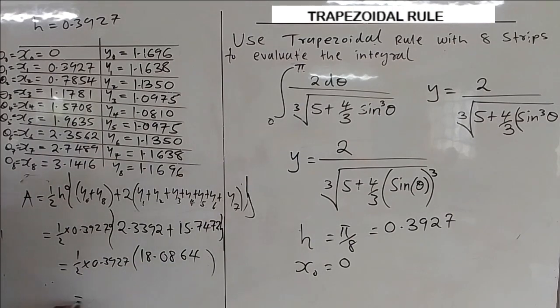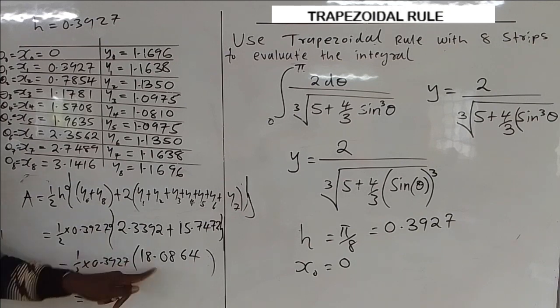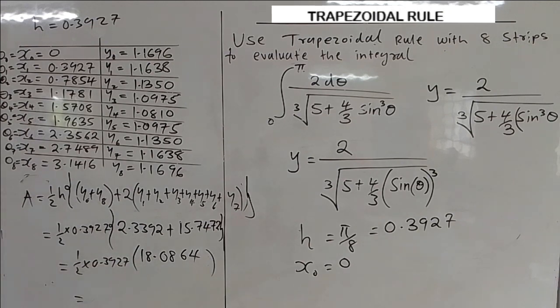So can you now get me the final answer? A half times 0.3927 times 18.0864, because you now have a single value inside the bracket, isn't it? Are we together? You must work out the bracket to be a single value if you want to avoid those double brackets, okay?